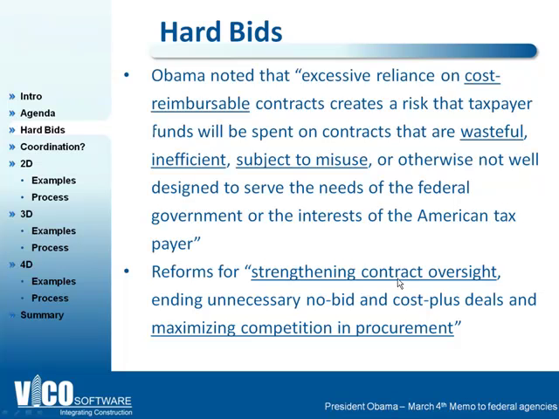Obama notes that the risks to taxpayers of cost plus type contracts are wasteful, inefficient, and subject to misuse, and that strengthening contract oversight is about maximizing competition in procurement. These things are all seen as important as we move into the hard bid environment.